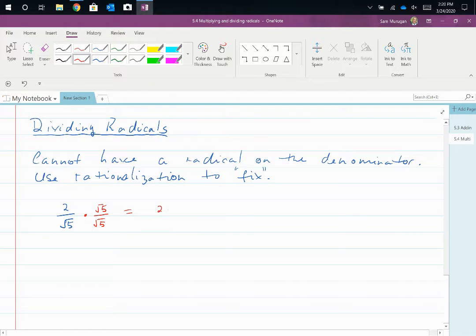And this gives 2 square root of 5, and then square root of 5 times square root of 5 is 5. The square root is canceled out there. And there's no longer a radical on the denominator.